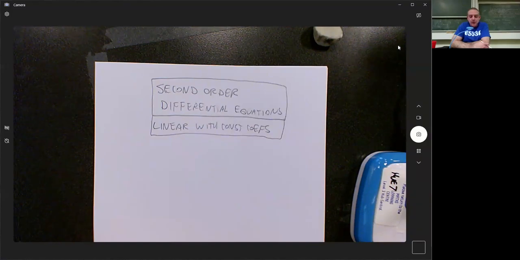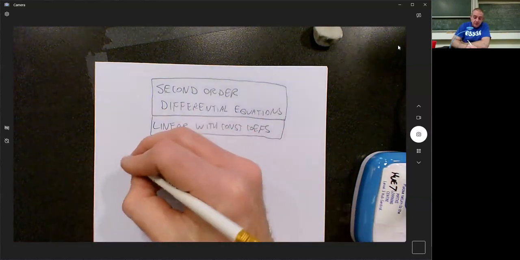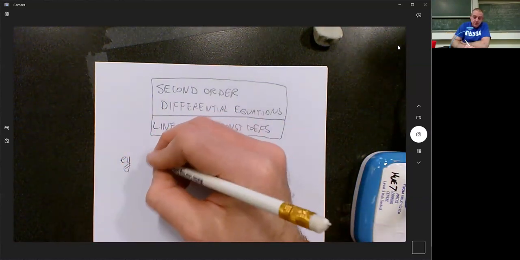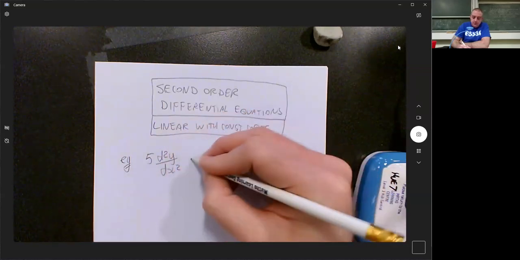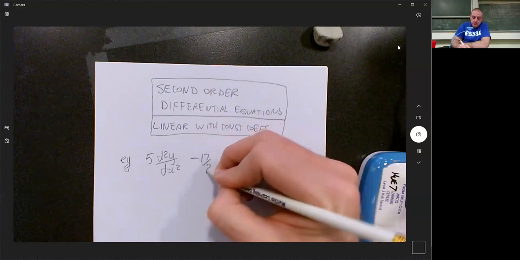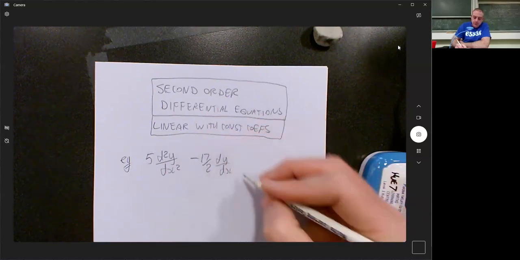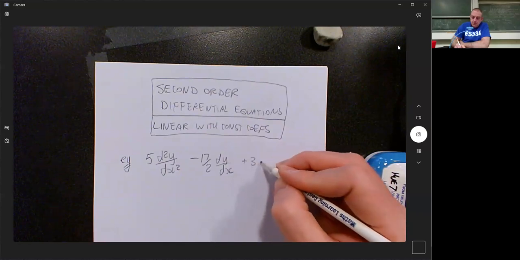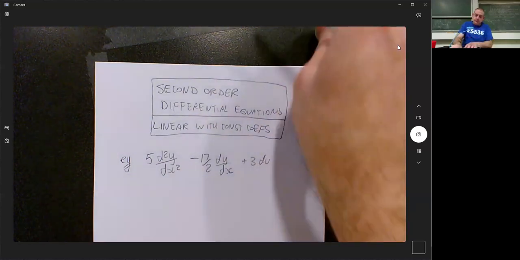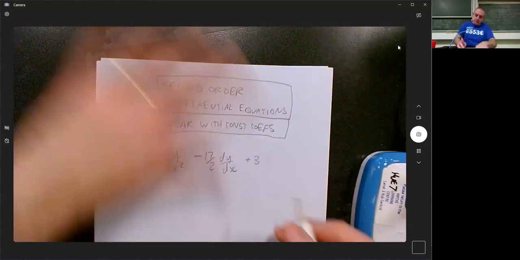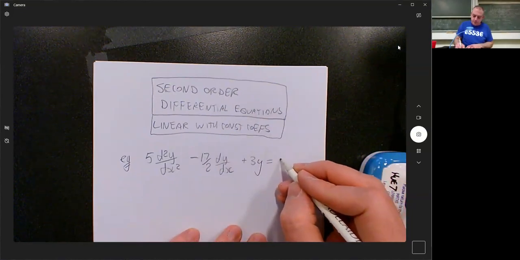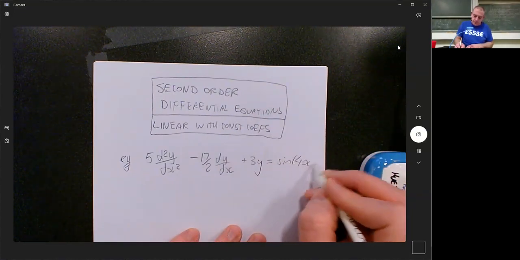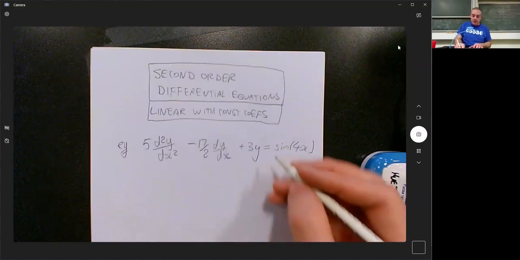Okay, so a second order differential equation with constant coefficients looks like this. This is just an example of what they might look like.